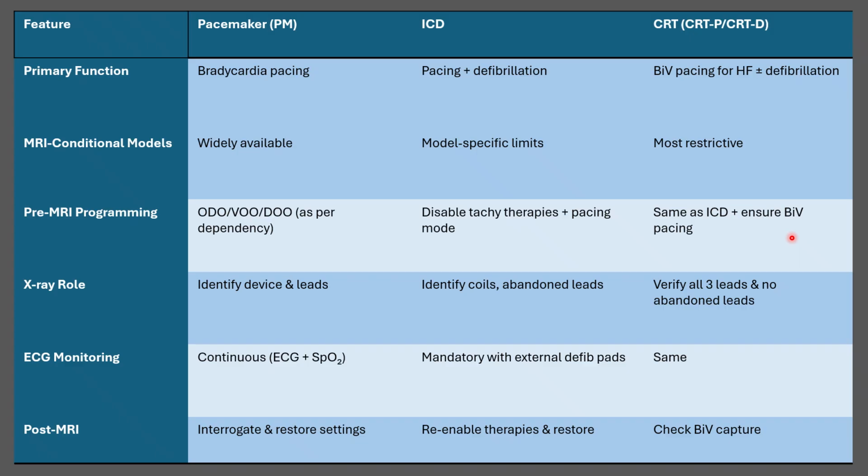Pre-MRI programming is like the ICD, so we should enable the shock and also ensure biventricular pacing. On X-ray, we will identify all three leads with no abandoned leads. Besides ECG and SpO2, it requires the presence of external defibrillator pads, and post-MRI we should check biventricular capture.